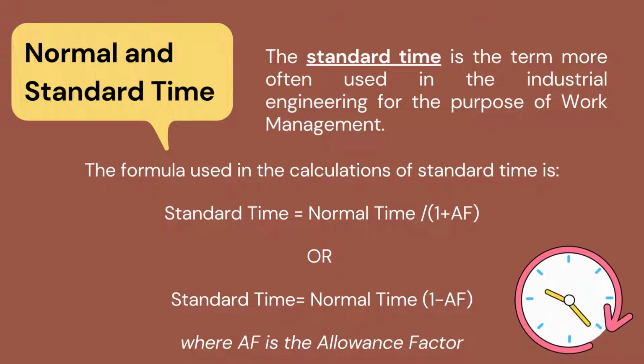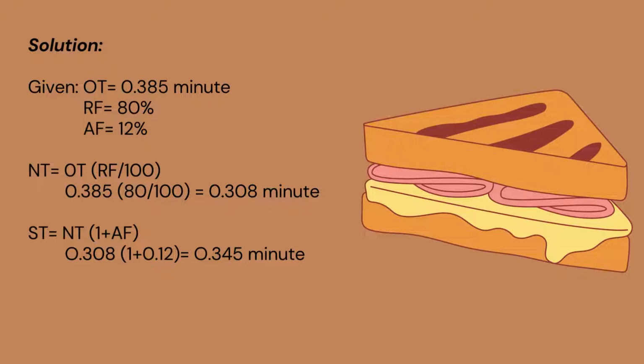The second case wherein standard time is equal to the normal time multiplied by 1 minus the allowance factor is used when allowances are given as a fraction of the total workday, and usually used when production time is not known. So going back to the problem, let's have the given first.